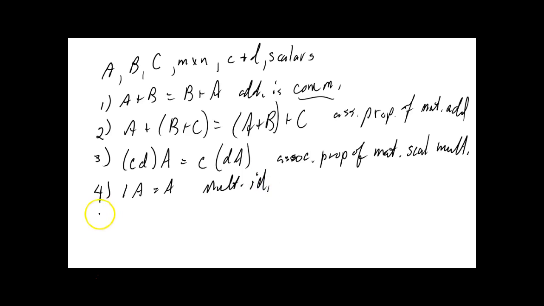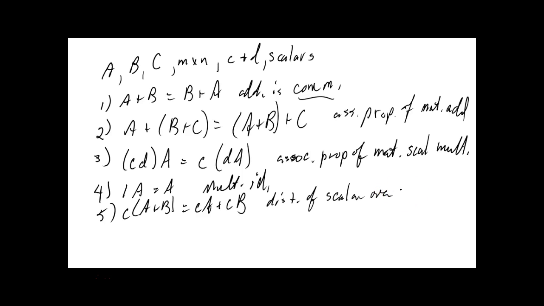Okay, number 5. C times A plus B is equal to CA plus CB. That was my uncle's name. And that is a type of distributive property of scalar multiplication over matrix addition.